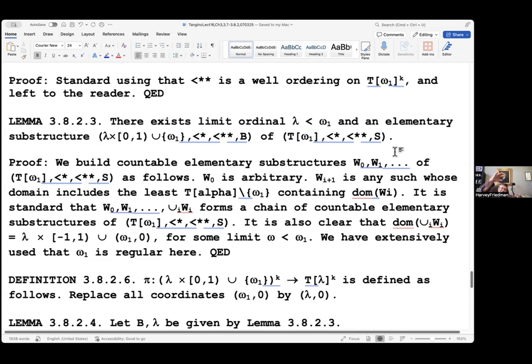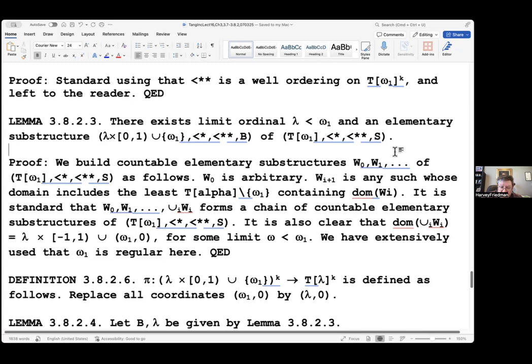You enclose this in a place with no gaps, and you make sure you take an elementary substructure that contains all that stuff that ruined you having any gaps. You make sure that the next elementary structure contains that hunk of stuff, and so forth.